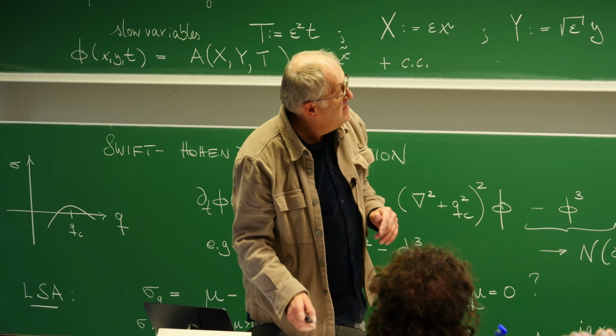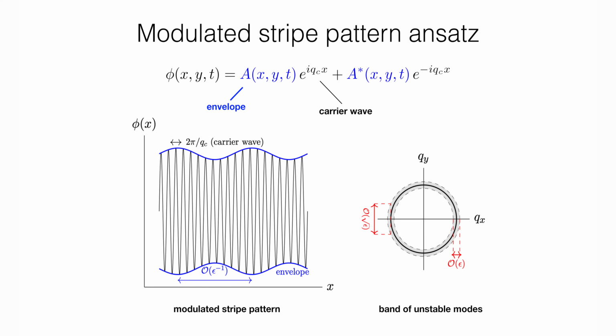No? Okay. So, again, close to the bifurcation point, there is one dominant mode, Qc, and there's this gray band of other modes. The dominant mode I put here as the carrier wave, and I make a choice. I say this is in the x direction, so I actually pick this particular point.